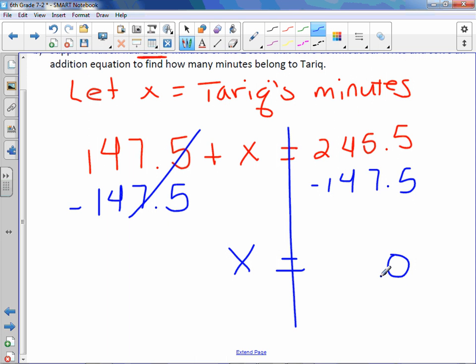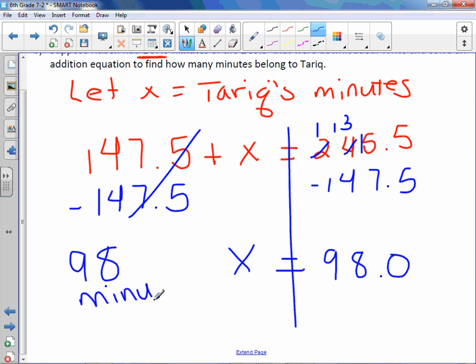Bring down the decimal point. I can't do 5 minus 7, so I'm going to borrow. 15 minus 7 is 8. Can't do 3 minus 4, so borrow. 13 minus 4 is 9. And 1 minus 1 is 0. So Tariq has 98 minutes in this scenario.